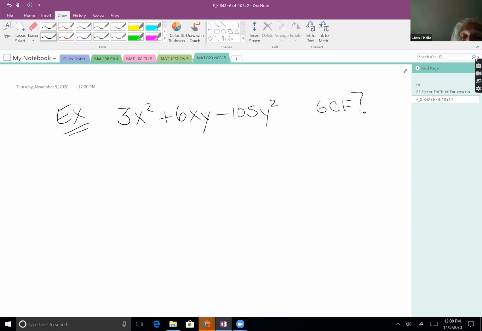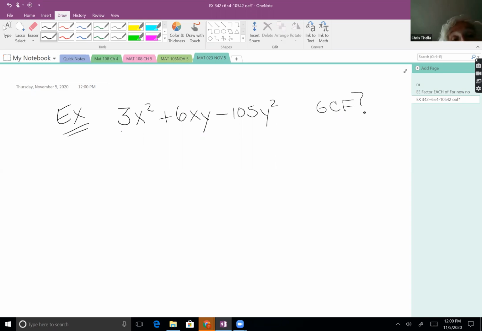And so again, my checklist for factoring, the first type of factoring we learned about was common factoring. So I'm wondering, is there anything common to all 3 terms? Some of them have x's, some of them have y's, but there's not a common variable. But let me look at the coefficients. Let me look at the numbers.